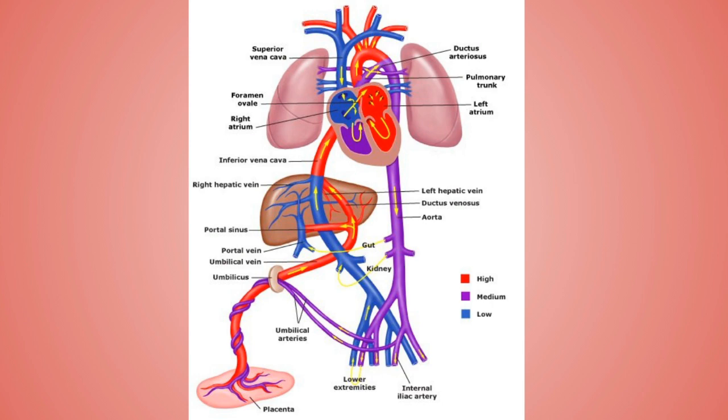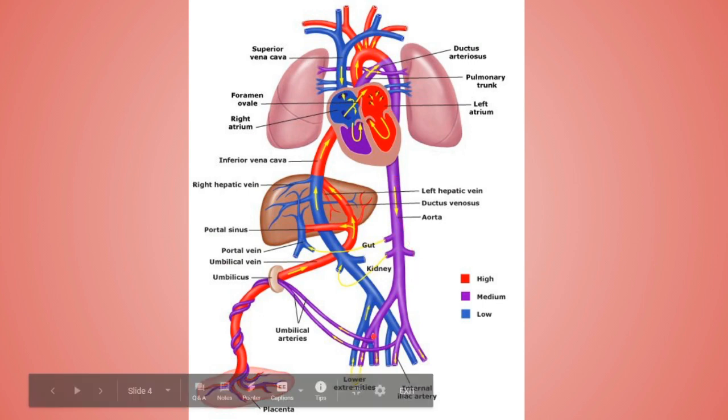In the pulmonary trunk there is one shunting vessel, or bypass vessel, that is the ductus arteriosus. This ductus arteriosus will bypass the blood from the pulmonary trunk towards the aorta.